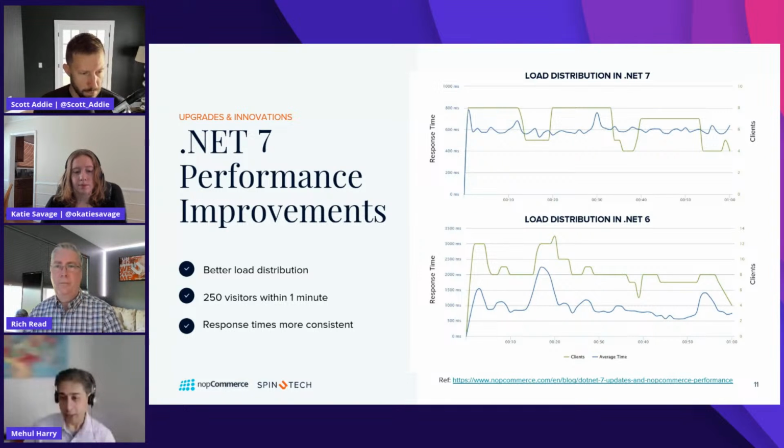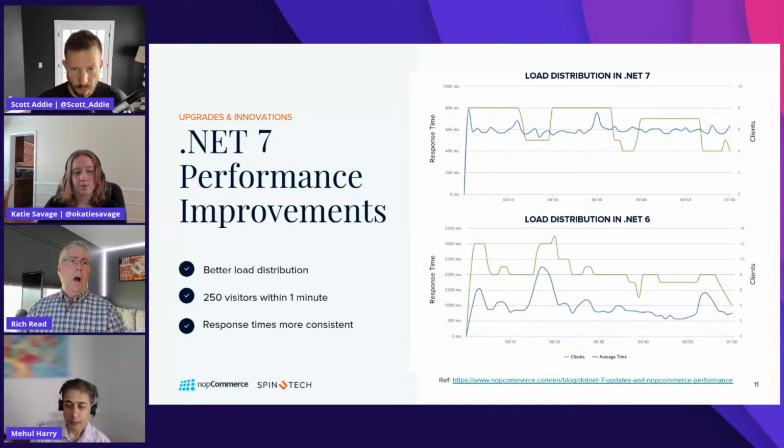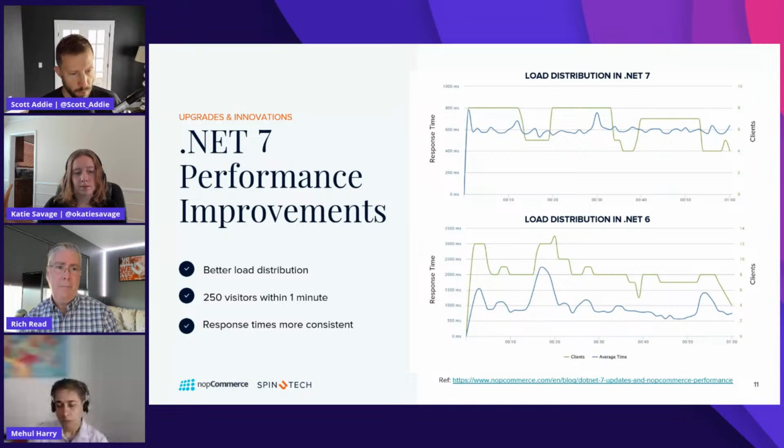Now, let me ask, was there a big challenge when you went from, let's say, .NET Framework to .NET 5, .NET 6? I would say no major obstacles. The NOP team definitely takes advantage of new tools that become available in the different releases, and then they decide what they're going to pass on to developers.